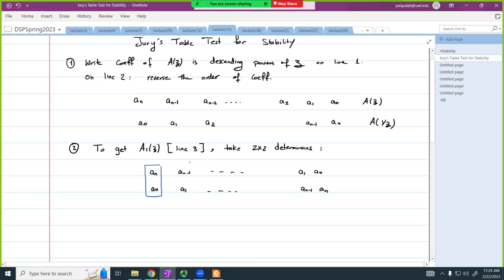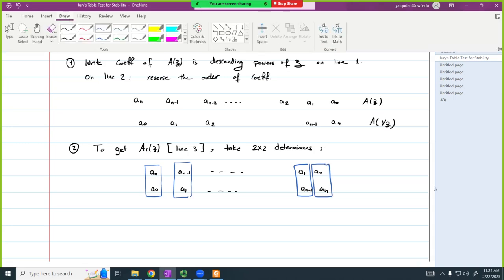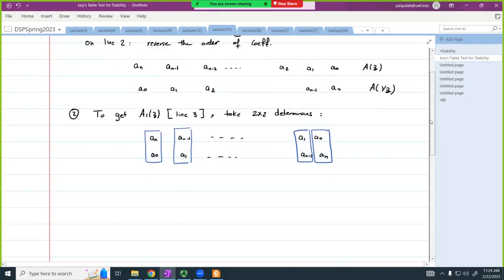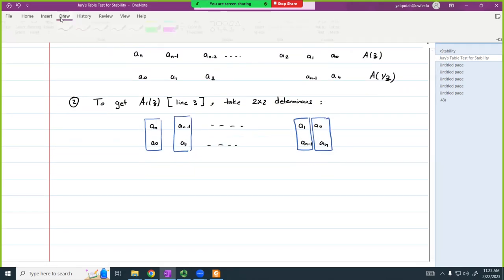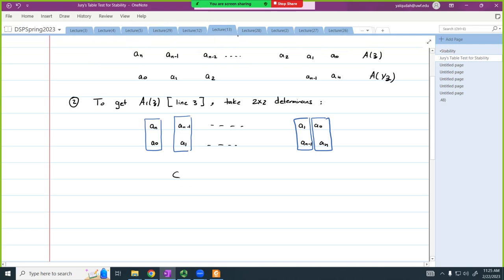I'm going to calculate the determinant using these entries. So we're going to calculate c_k, and c_k is going to equal the determinant of a_n, a_0, a_{n-k}, a_k.